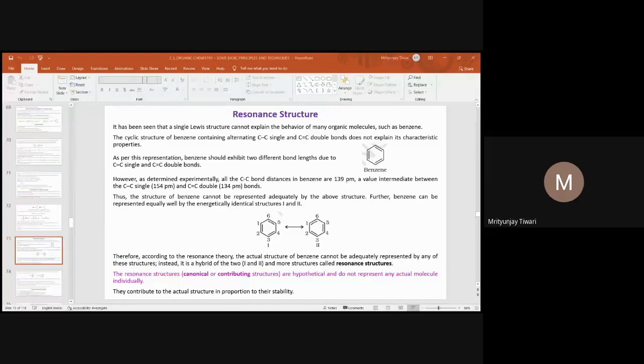The first letter of electromagnetic is E, so with the capital E we show it, and this electromagnetic effect is also of two types, similar to the other effects we have seen. It can be a positive electromagnetic effect as well as a negative electromagnetic effect. Positive electromagnetic effect is represented as plus E effect, and negative electromagnetic effect is represented as minus E effect.